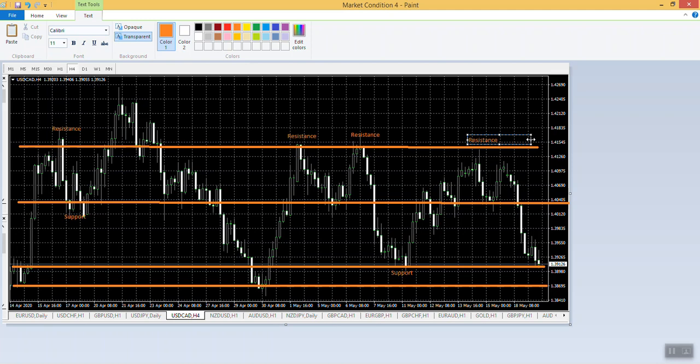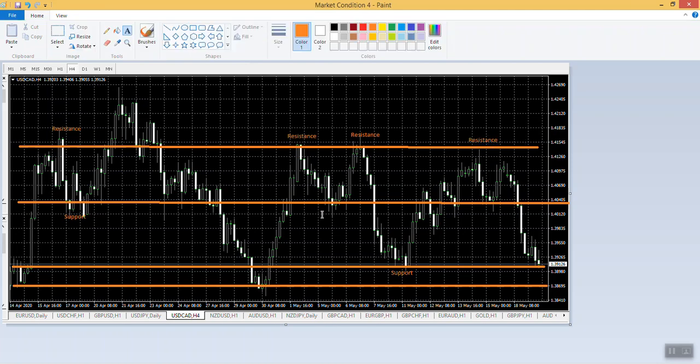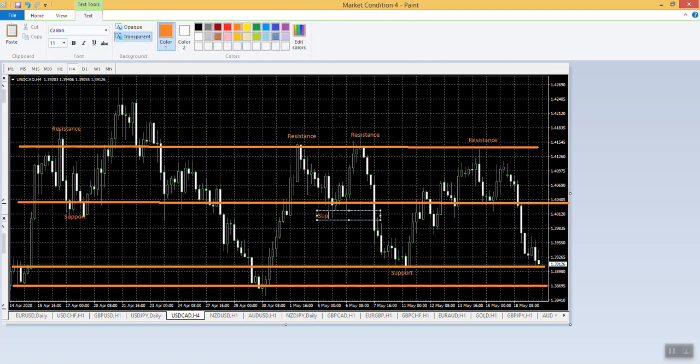Then here, oh, I forgot to put in here, we have a support here as well. Also here we have a support. At this price level we have a support. Here also we have a support, and here also.